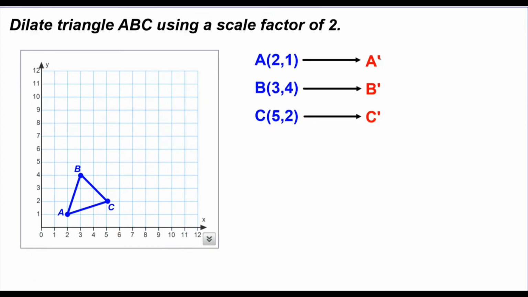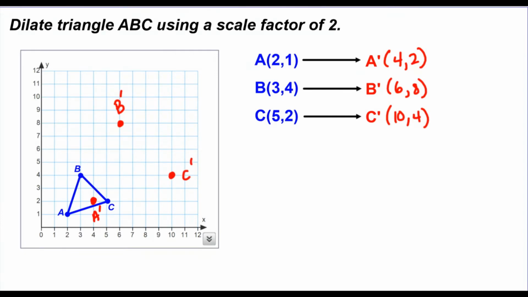So my A prime would become (4, 2), which would be right here. My B prime would be (6, 8), which is right here. And my C prime would become (10, 4), which is here.